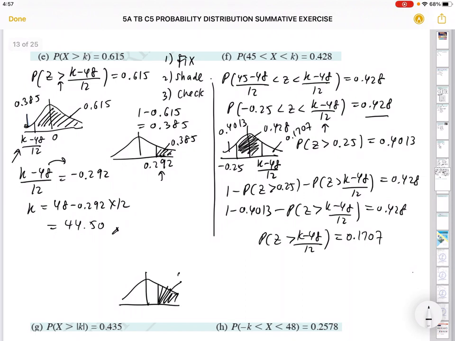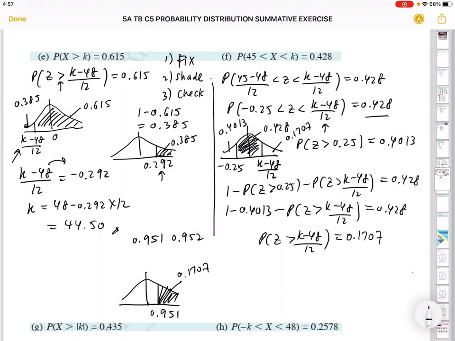My Z value should be 0.951. But here, if you look carefully at your table, you have two possibilities. It can be 0.951, 0.952. So which one do I use? That's an interesting question. Actually, in this case, both can work. If you have two values, you can take both, or you may want to take in between. But if you want a super accurate answer, use your calculator. You will get 0.951. The answer is supposed to be 0.951.